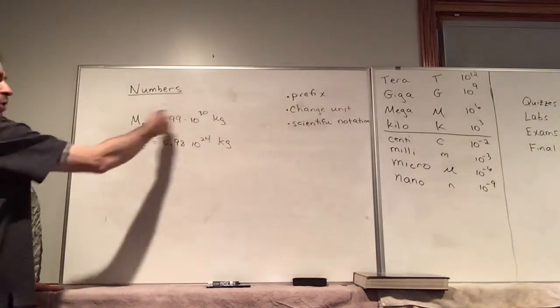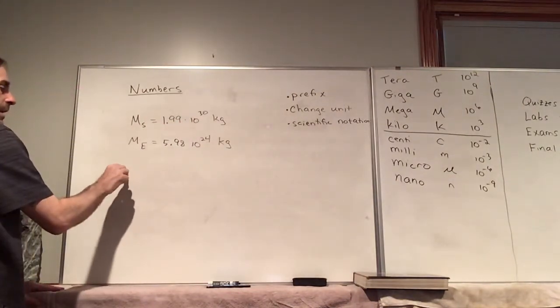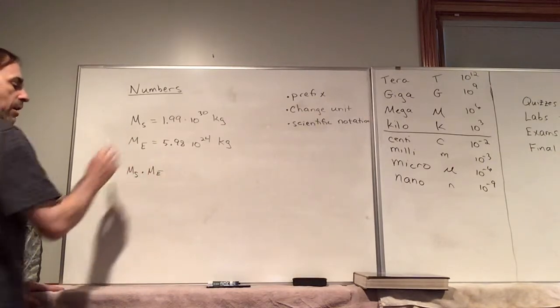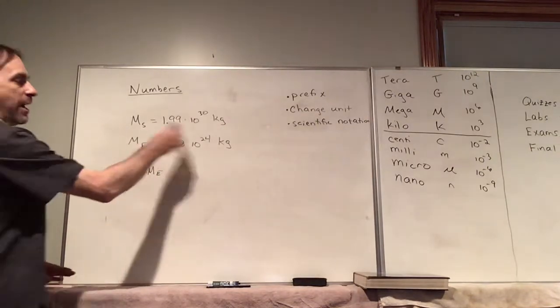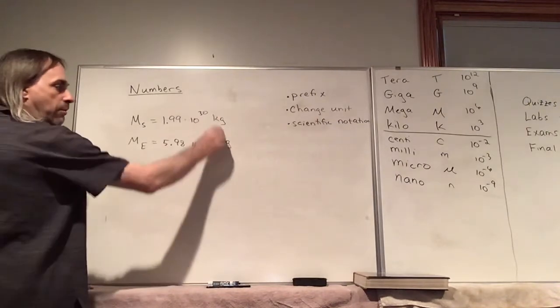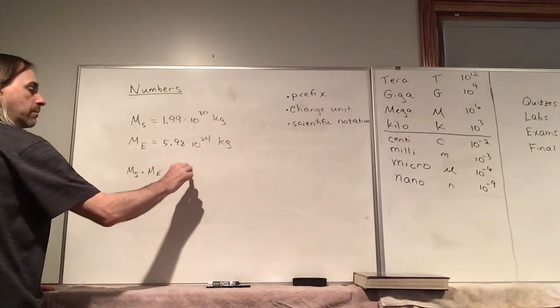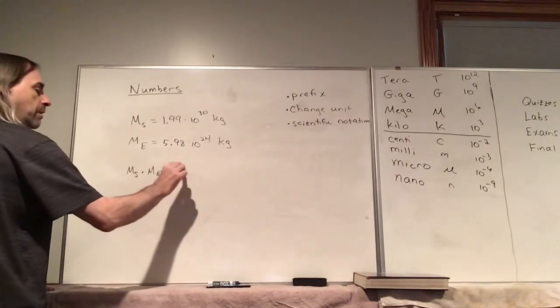Like here, if we multiply the mass of the sun and the mass of the earth, we're multiplying 4 things numerically. We also have units, but I'll write it out. Let's do the mass of the sun first.